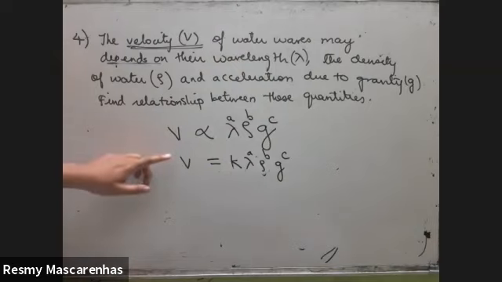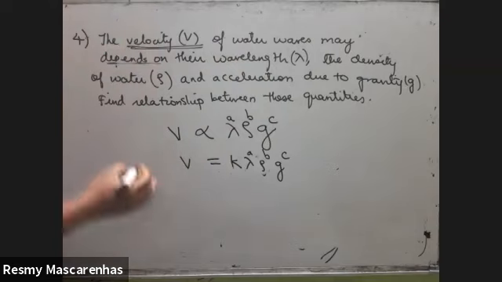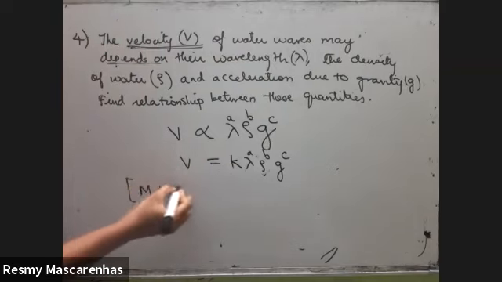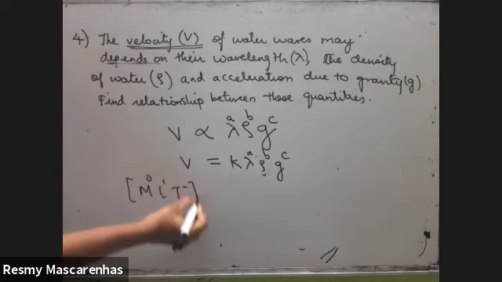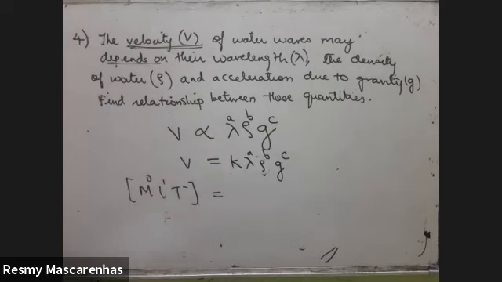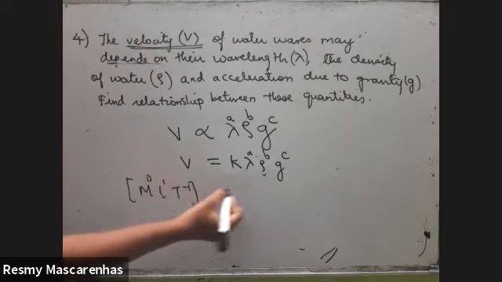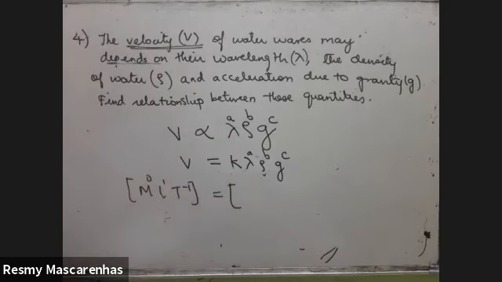Now what they are saying, v is for velocity, so put the dimensions of velocity. That will be M0 L1 T minus 1. Of wavelength.